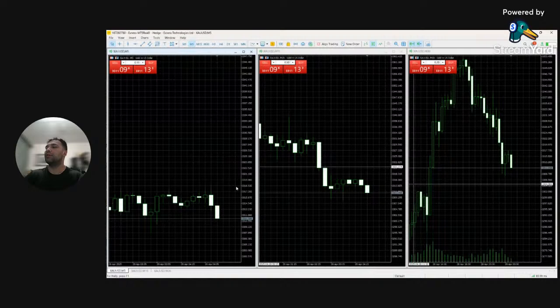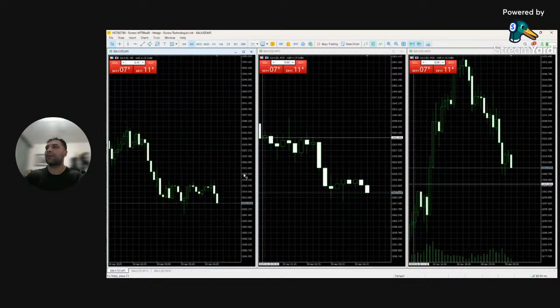It's kind of a range that is being developed in here. And this is the high of the range, low of the range.